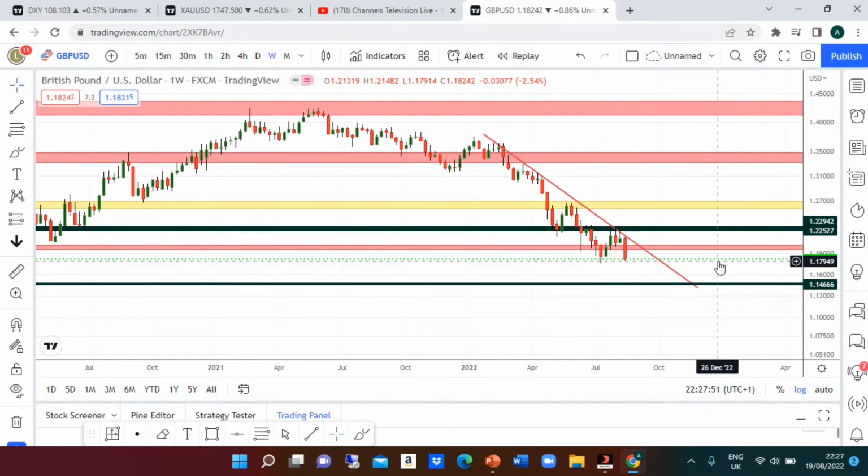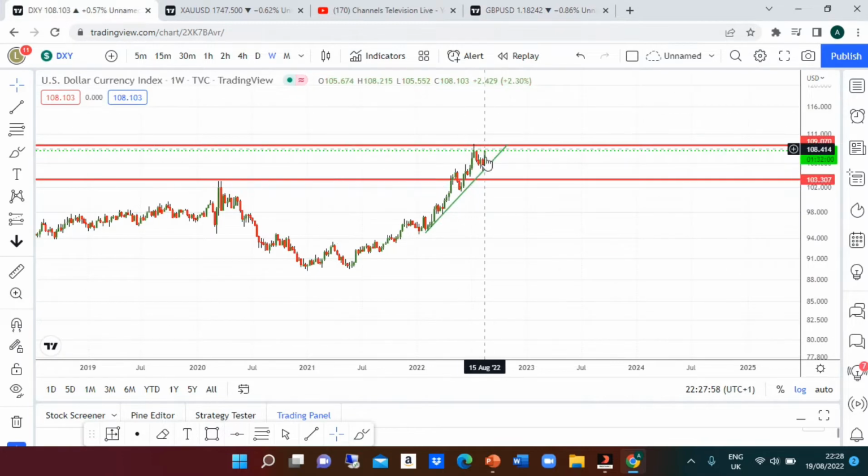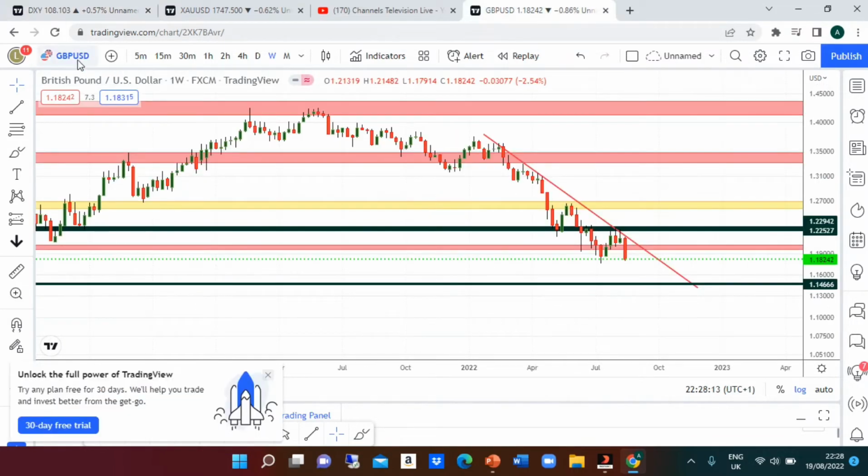Why? Because you see there was a pullback here. When that pullback happened, that's because the dollar index was giving us a pullback. It was coming down. So if dollar is your base currency, the one on the left, like this one now, dollar is the base currency.